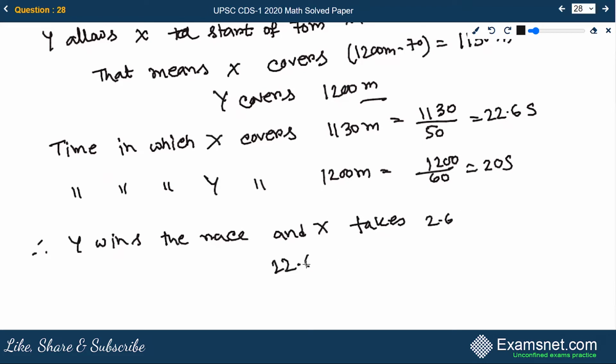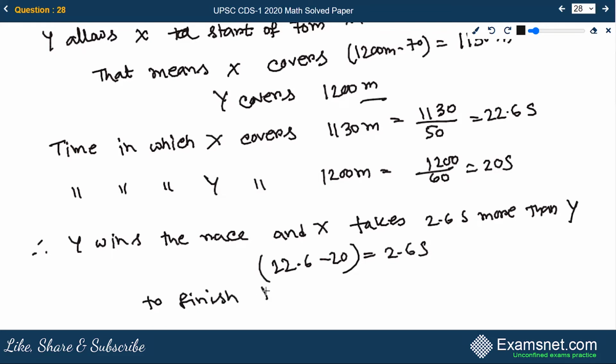X takes 22.6 minus 20 seconds, so it will give us 2.6 seconds more than Y to finish the race.